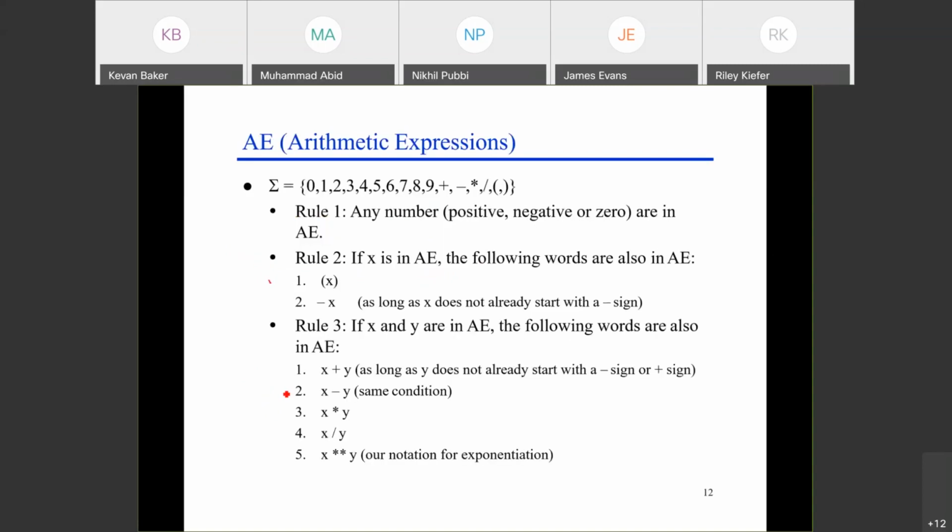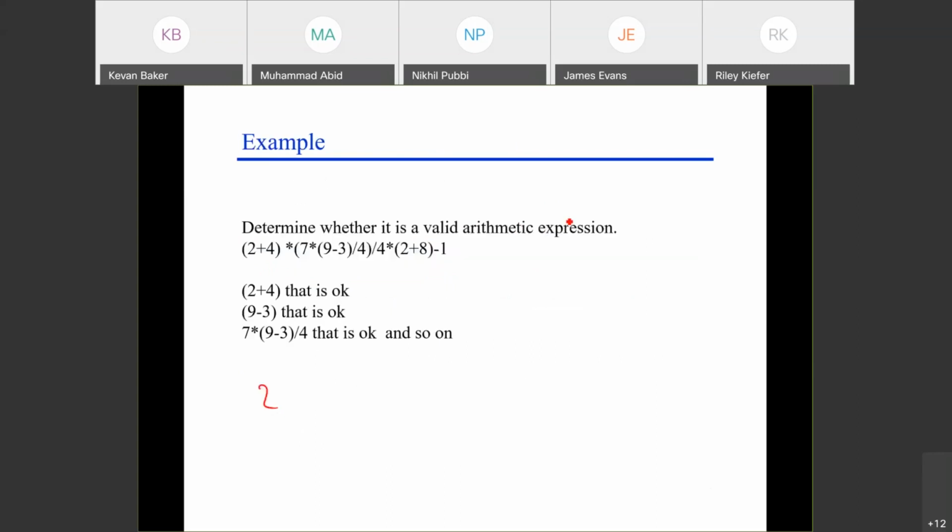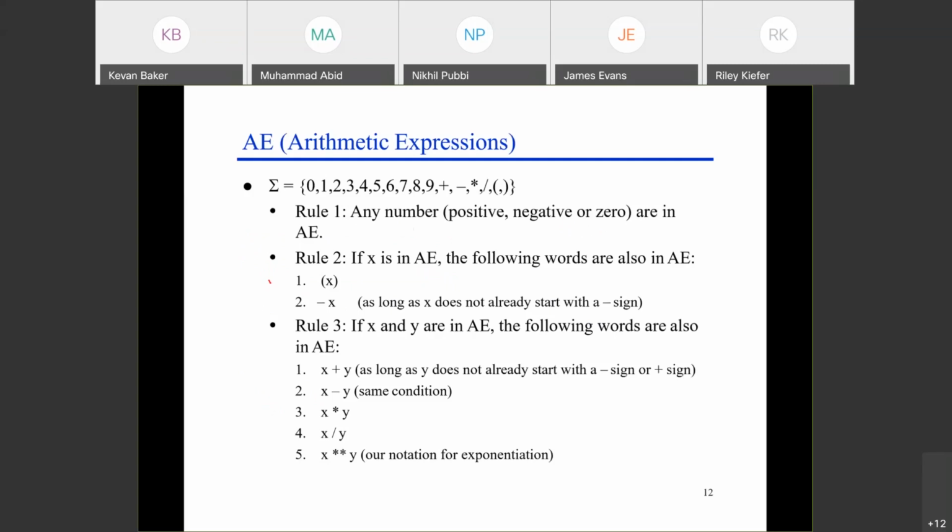So by using rule number 1, any number, positive, negative, or 0, is an arithmetic expression. And then we pick the same rule 1 for 4, and then we are saying that x plus y is also an arithmetic expression. If x and y are two numbers which are already there in your arithmetic expression, you can add them.